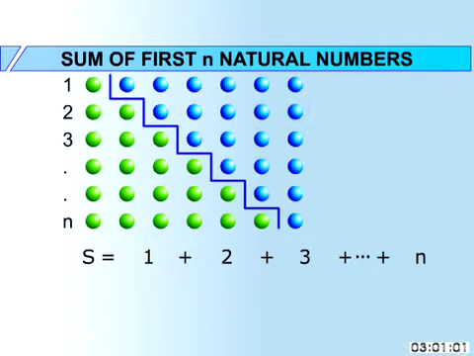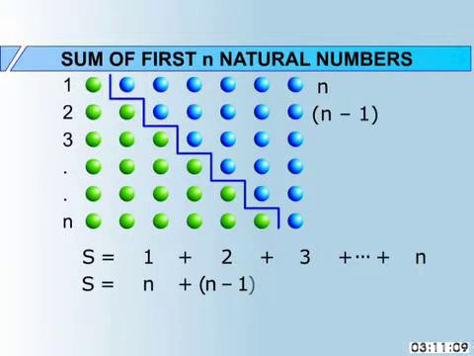If we look here carefully, then in the sum of n natural numbers, that is s, number 1 appears n times. In the similar way, number 2 appears n minus 1 times.